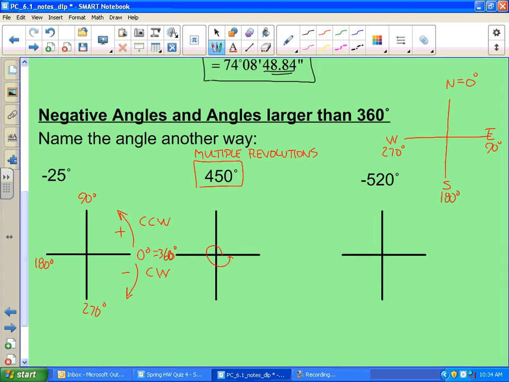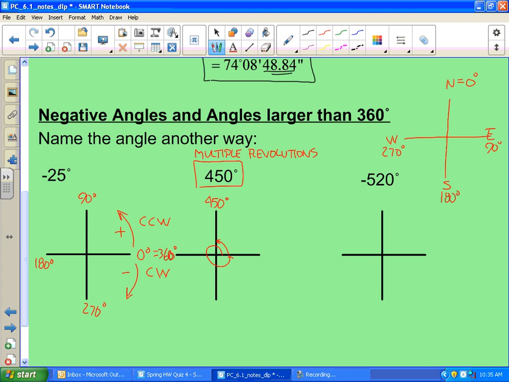And then what do I add to 360 to get to 450? I add another 90 degrees. And is that not right? Yeah, that's right. 450 would be hanging out right here. So it's on the same location as a 90-degree angle.